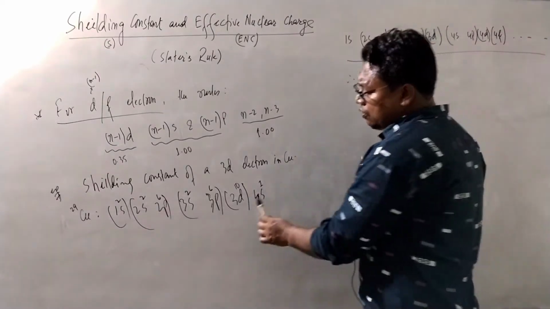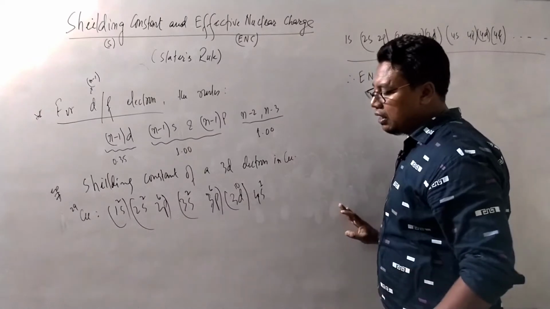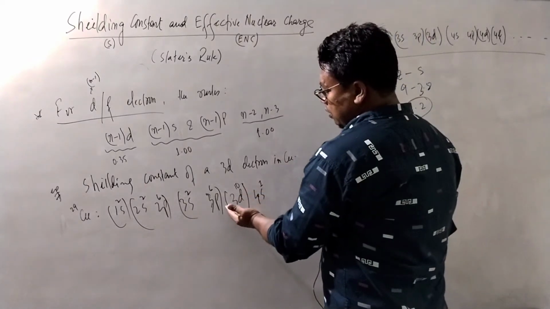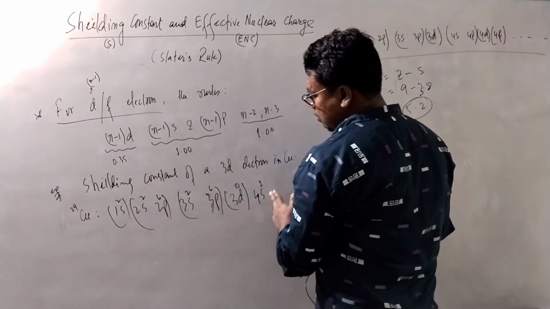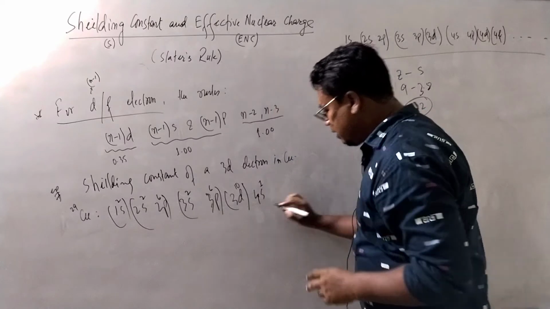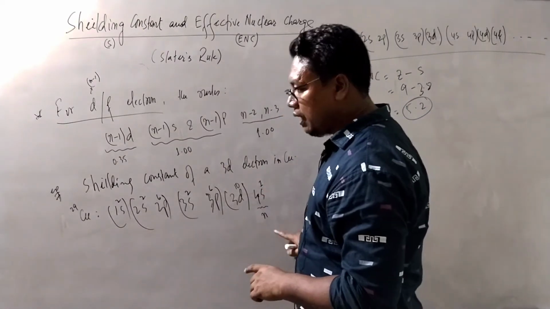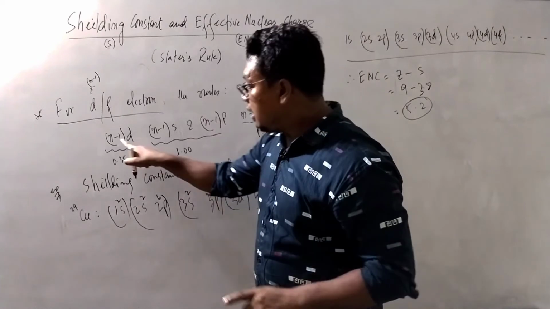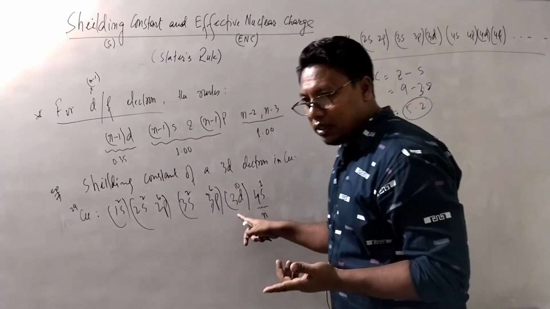So to this 3d electron, 4s will have no shielding value because 3d is inside the fourth shell. This is our n, remember n is 4 here, and the d is n minus 1. N minus 1 means 4 minus 1, that would be our 3d.